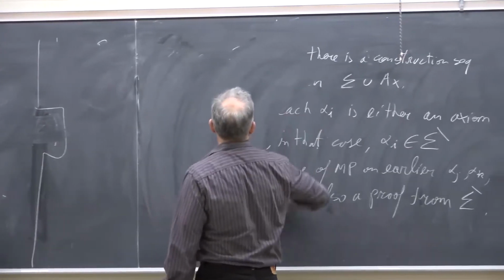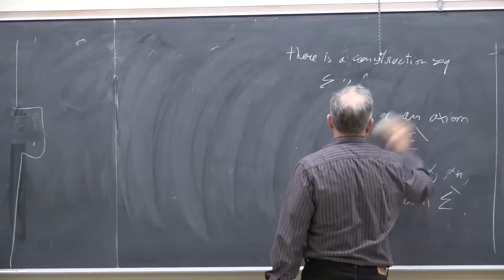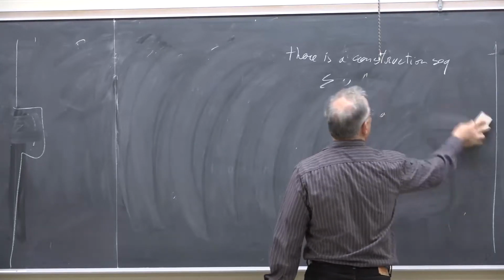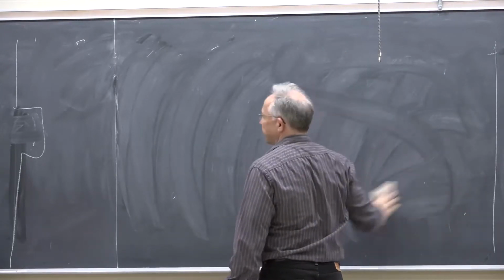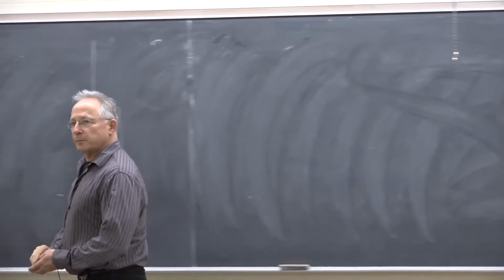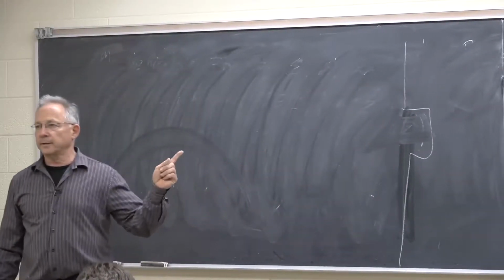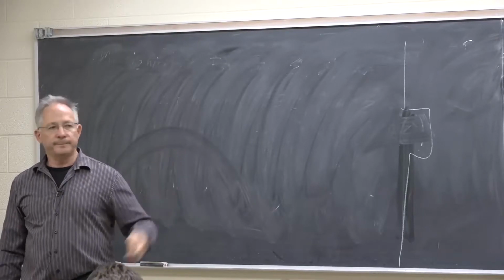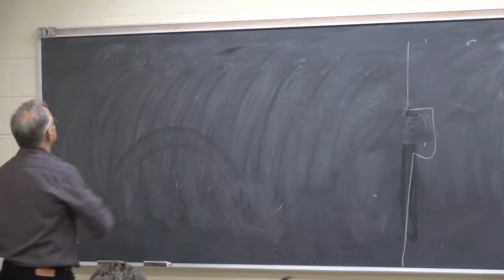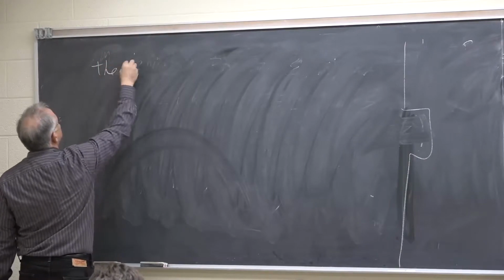Let us do some more interesting property. And I also owe you a formal proof from last time, so I need this more interesting property in order to do this formal proof. Are there any questions about what's there? Okay, so the more interesting property is called the deduction theorem.